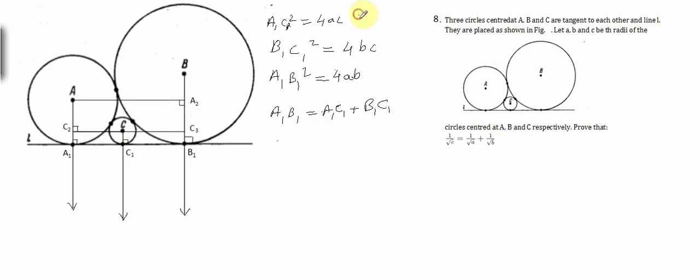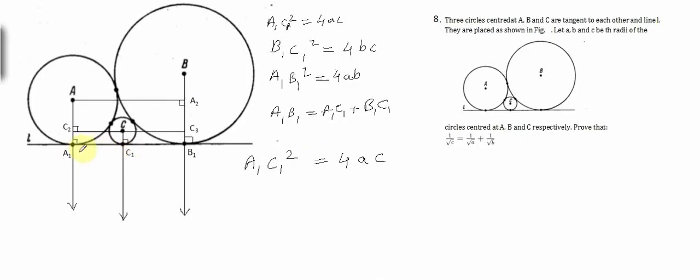So we prove these three things, and the fourth statement will follow what is asked. So let us begin. Let us prove a1 c1 square is equal to 4ac.